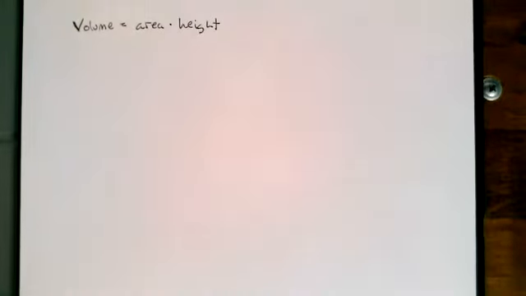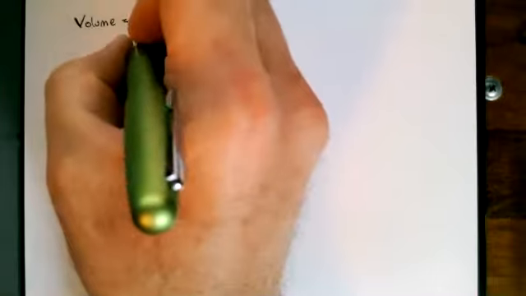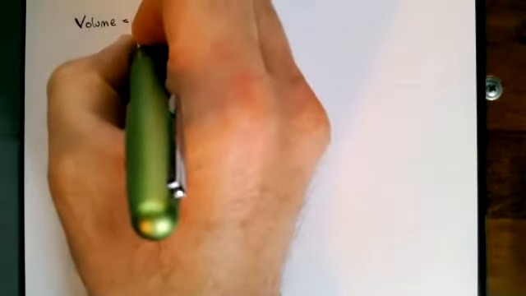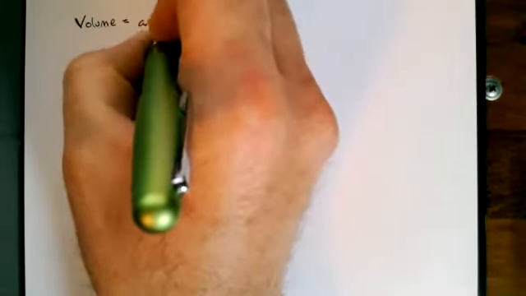The cross-section is a circle. So for the area, we're going to use pi r squared. And the height is a delta y.